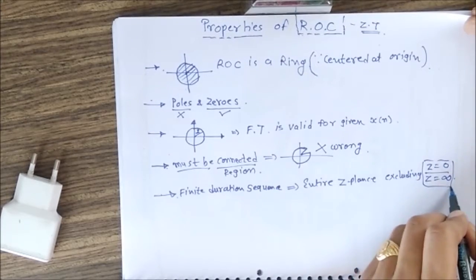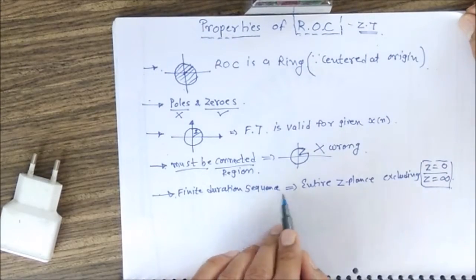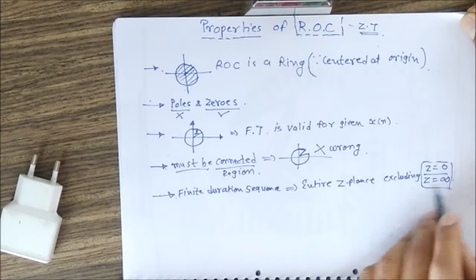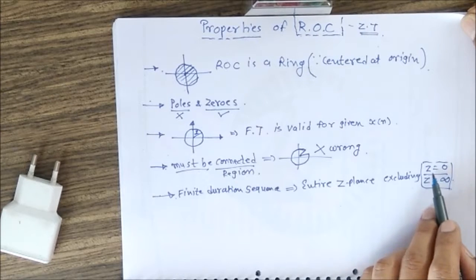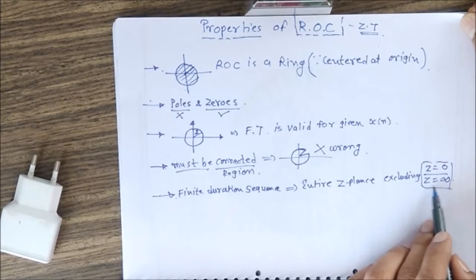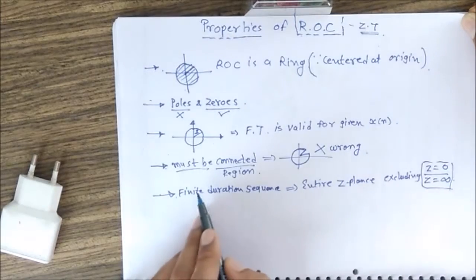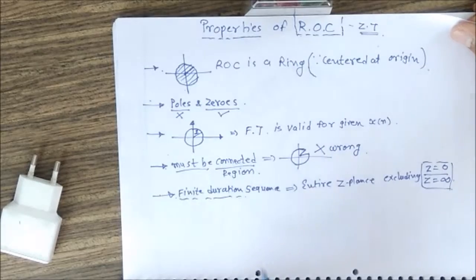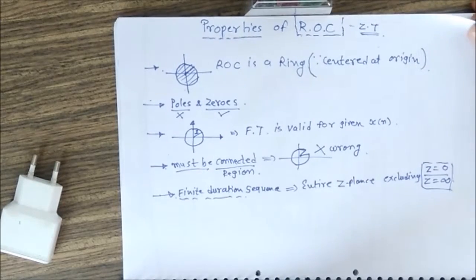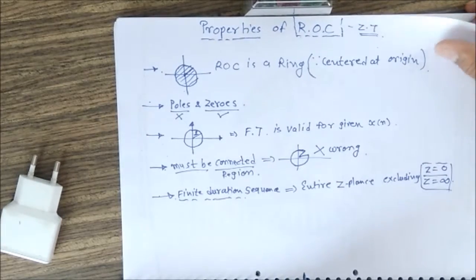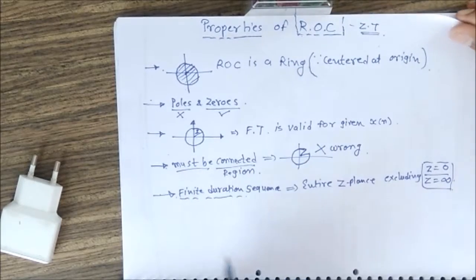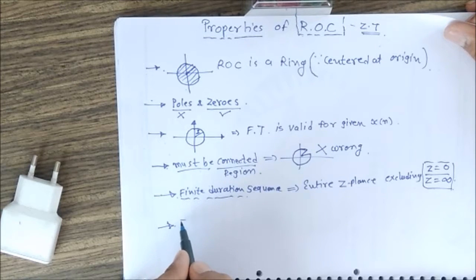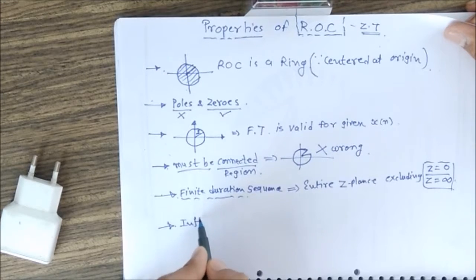For ROC with a finite duration sequence, entire Z plane excluding Z equal to 0 and Z equal to infinity. It means if the ROC excludes Z equal to 0 or Z equal to infinity, it is sure that the given sequence is always of finite duration. So these are the most primary properties of ROC, and the final one is for infinite duration sequence.